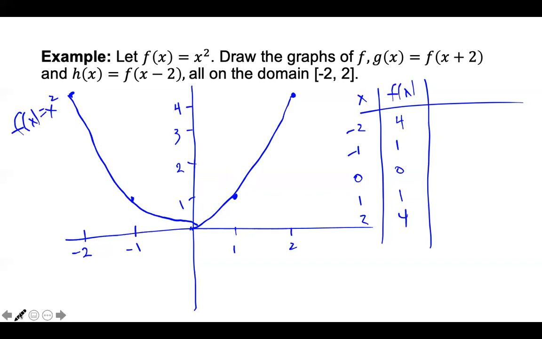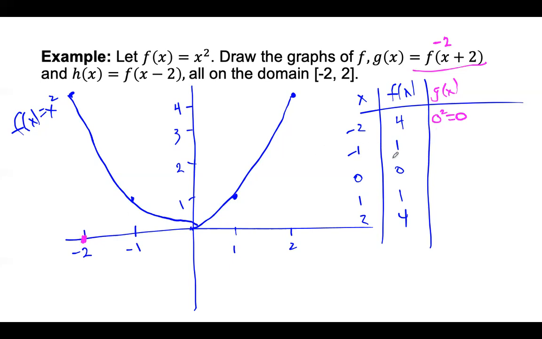Now, what happens when we shift it? So g of x is this function here above. When we put in, let's say, -2 into this, -2 plus 2 is 0. So 0 into this function is 0 squared equals 0. It's a little bit counterintuitive. So at -2, you get 0 here.